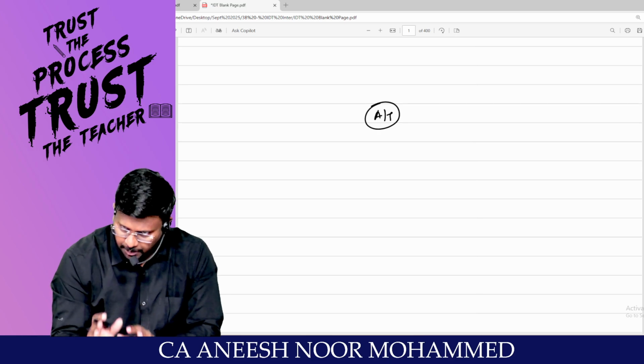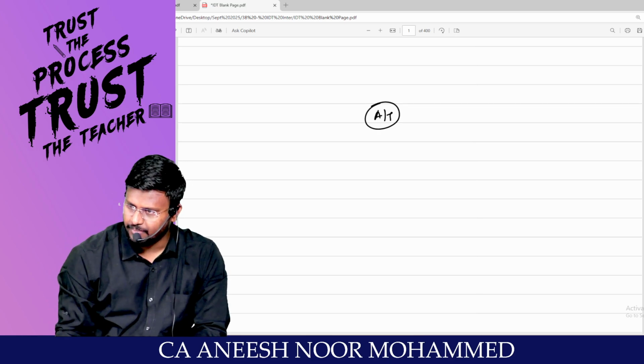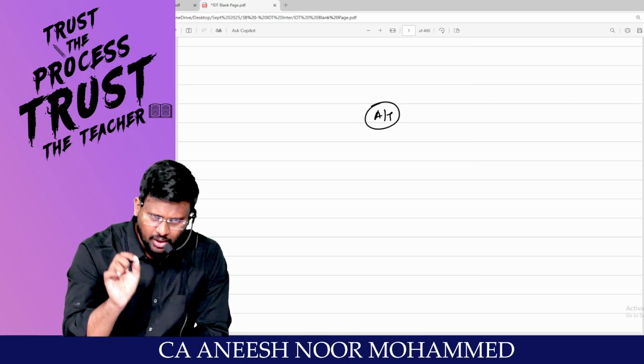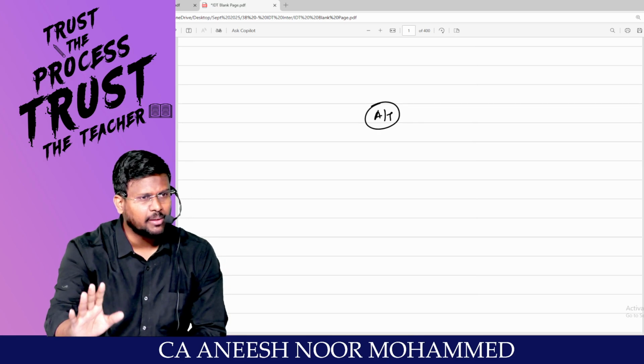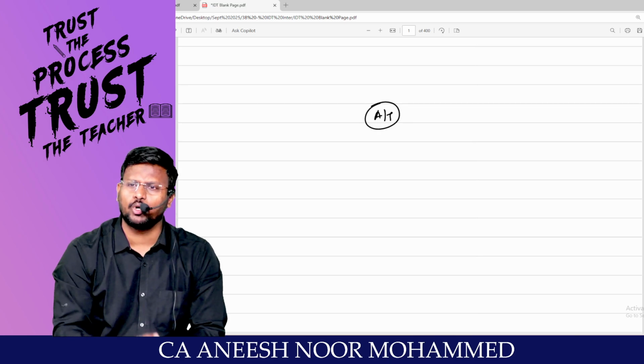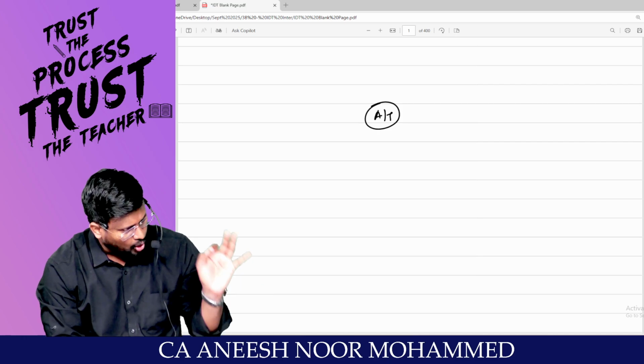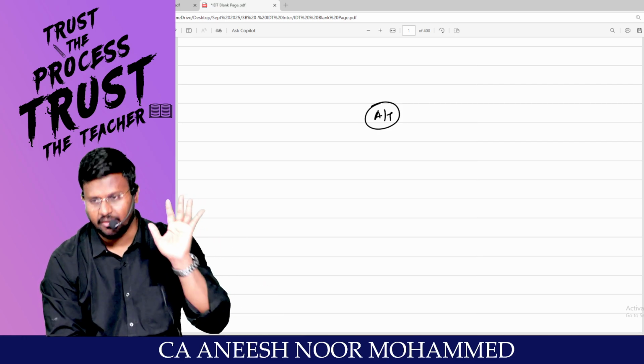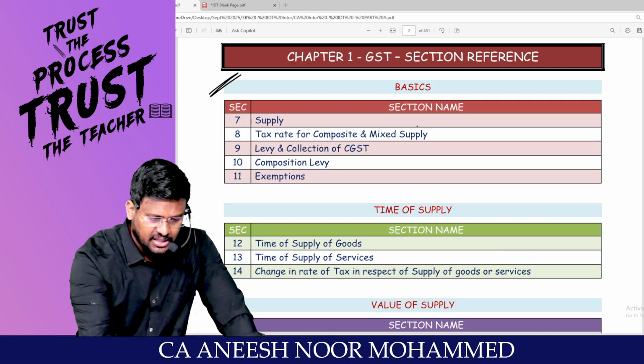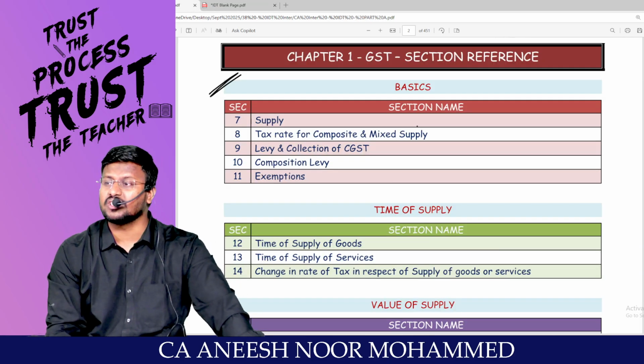Once it becomes supply, you are liable to pay GST. If certain activities or transactions do not become supply at all, we are not liable to pay GST at all. So whether we are liable to pay GST or not is based upon section 7. Section 7 is the hero.